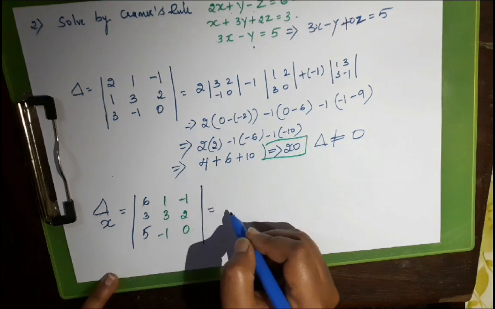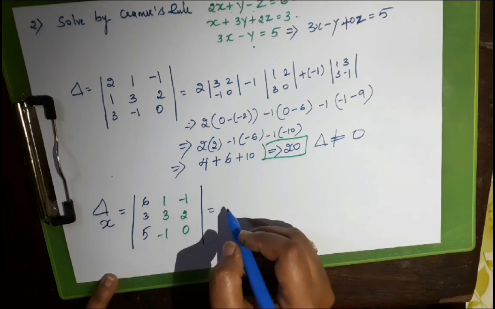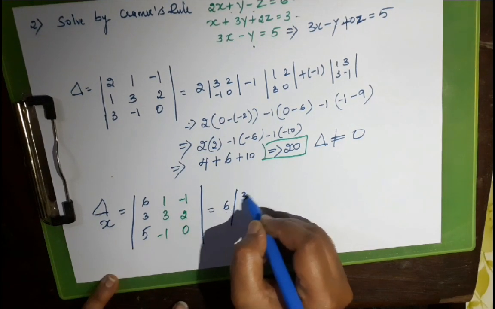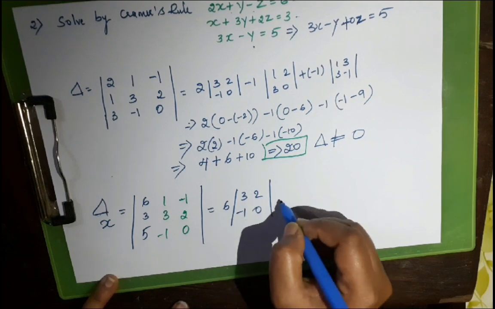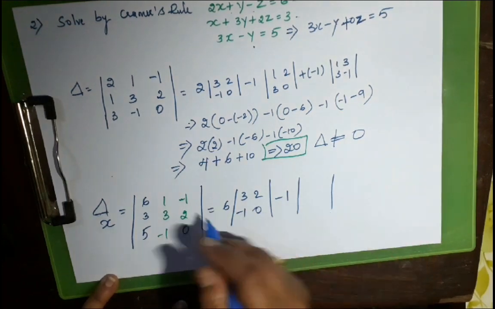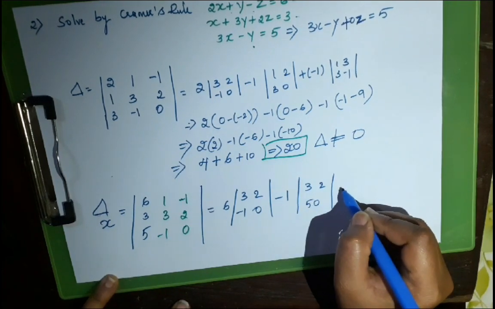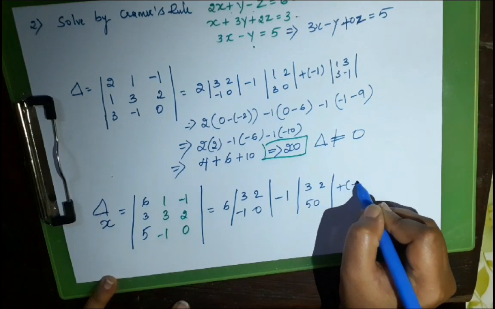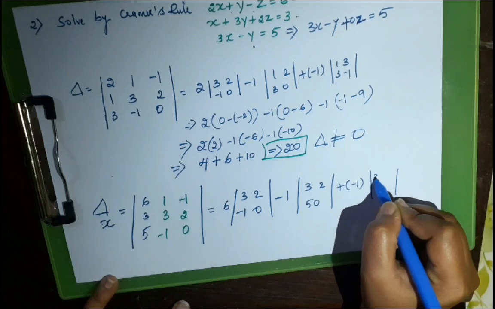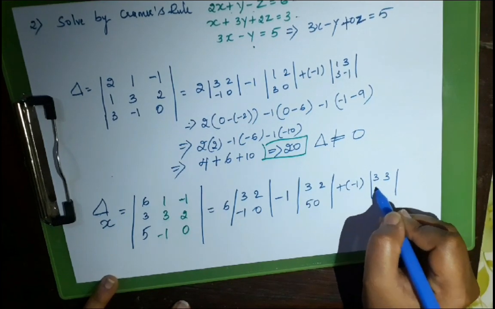So here 6 into the determinant of 2, minus 1, 0, minus 1, 3, 2, 5, 0, plus minus 1, that is 3, 3, 5, minus 1.